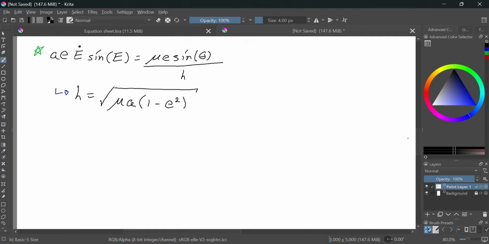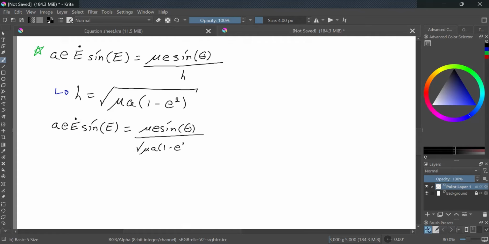All right, when you plug your angular momentum into this, oh boy, you're going to get a bunch of dots. e dot times the sine of the eccentric anomaly angle is equal to mu times e times sine of theta over the square root of mu times a times 1 minus e squared.